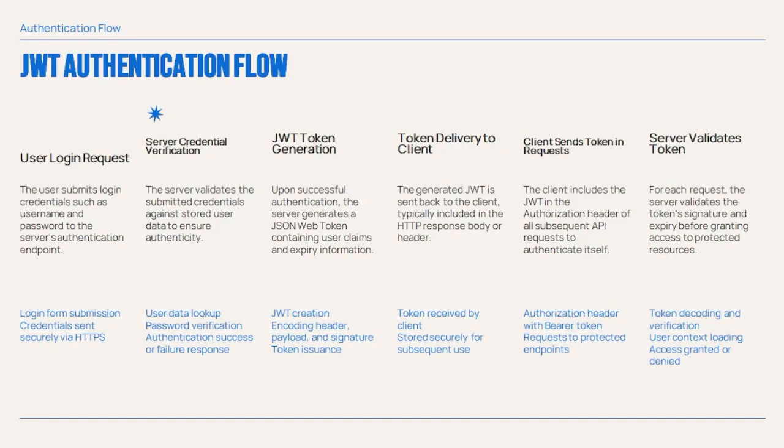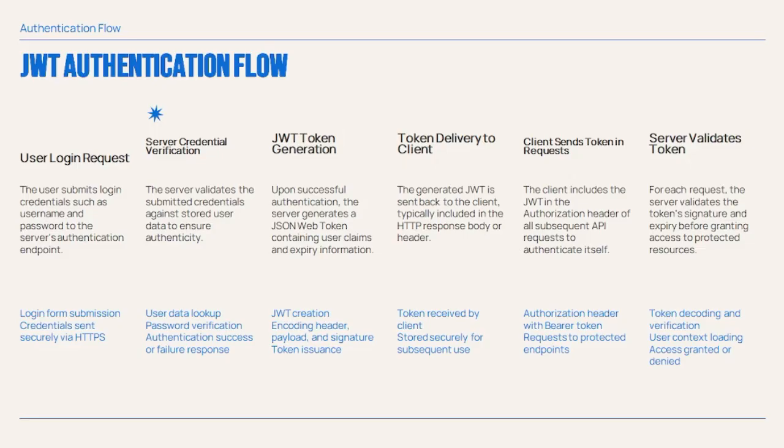JWT authentication flow. I'm taking one use case and explaining based on that. User login request: let's assume the user sends the username and password. You will be validating against the database or any identity store like Okta or Oracle Identity Access Manager.